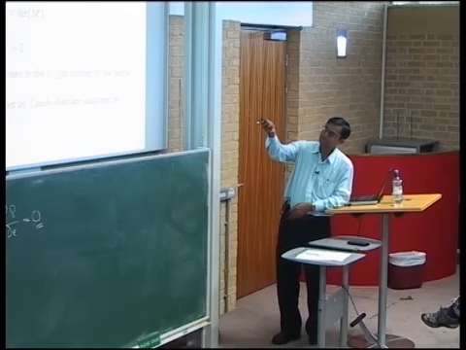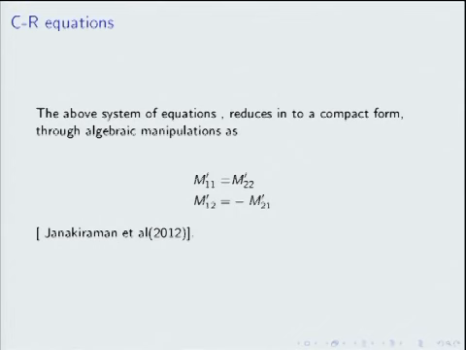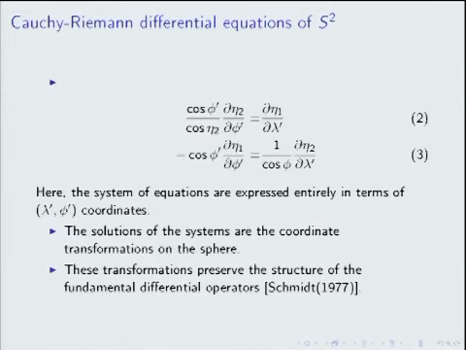And this forms a set of 3 equations, and what I found was that when we do certain algebraic manipulations, this reduces into a compact form, a set of 2 relationships. Then, if I substitute this for the entries, this is the Cauchy-Riemann differential equations.